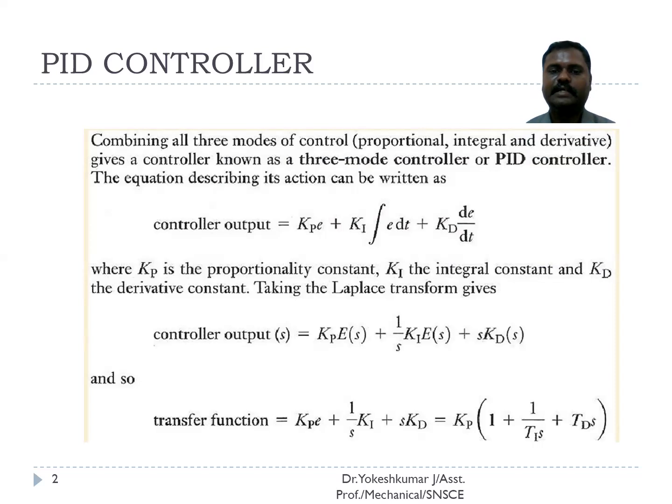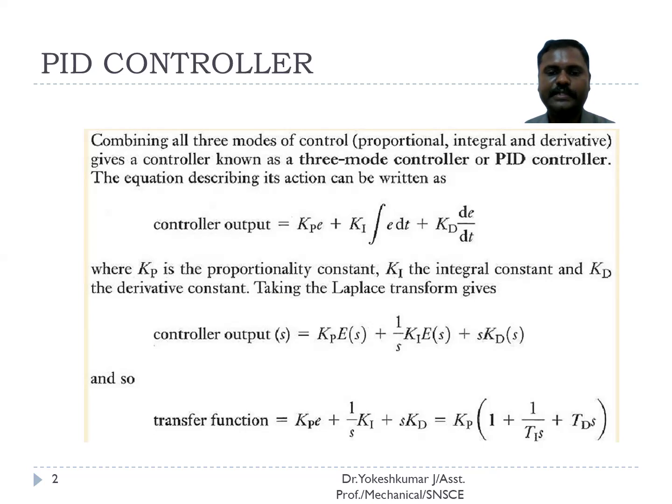The controller output is a function of the summation of the proportional mode output, integral mode output, and derivative mode output, which is equal to KP E plus KI integral from 0 to T of E dt plus KD dE by dt, where KP is the proportional constant, E is the error, KI is the integral constant, dt is the change of time, KD is the derivative constant, and dE by dt is the rate of change of error with respect to time.